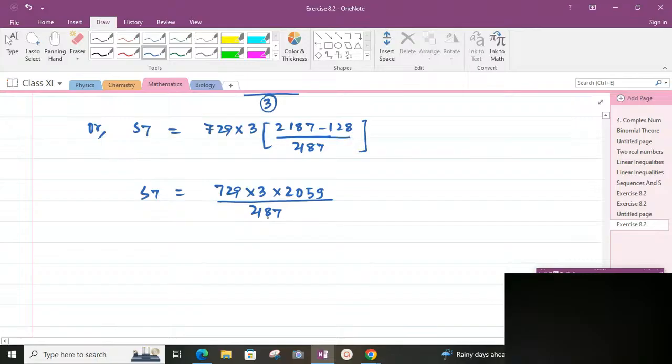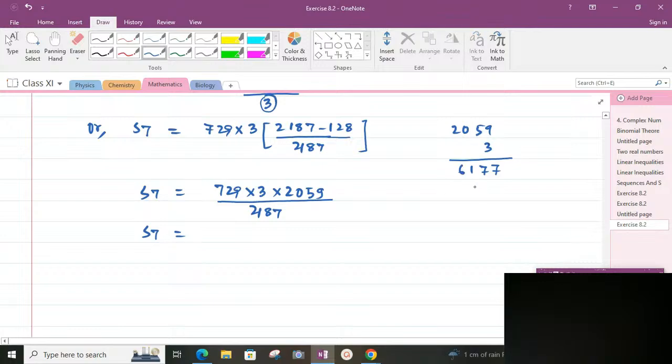So after the subtraction we get the value of S7, so we write down here 2059 into 3, then we get here 3 9 is 27 at hand 2, 3 5 is 15 plus 2 is 17 at hand 1, we write down here 1, and 3 2 is 6.